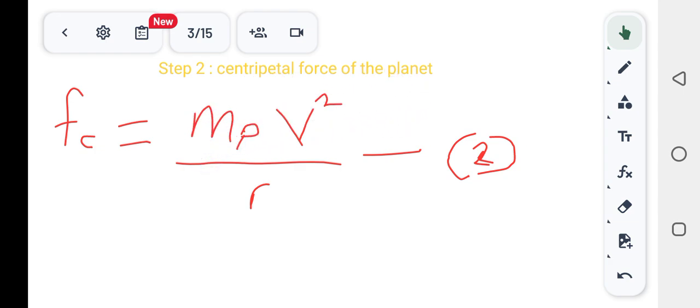Since the planet orbits around the sun in an elliptical orbit, it must experience a centripetal force, which is given by this expression, our second equation. It is m_p, the mass of the planet, multiplied by the square of the velocity of the planet, divided by the semi-major axis. This is equation 2.